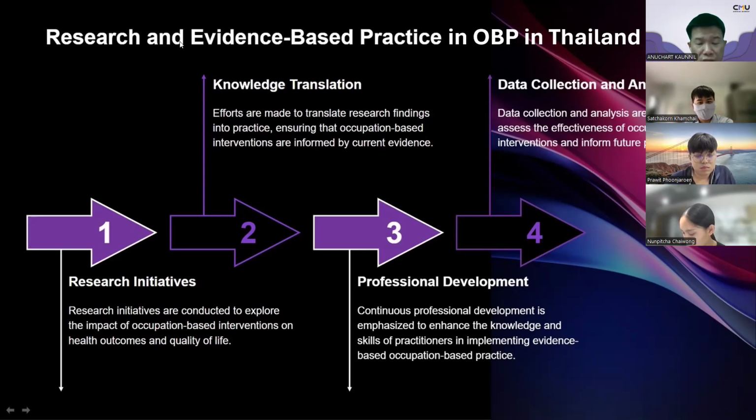I expand to physical dysfunction, expand to mental health in the future, expand to pediatrics, elderly people and community. That makes a knowledge translation effort to translate the research finding to others, not just copy or duplicate, but adapt and modify to fit with the client in terms of occupation-based intervention.